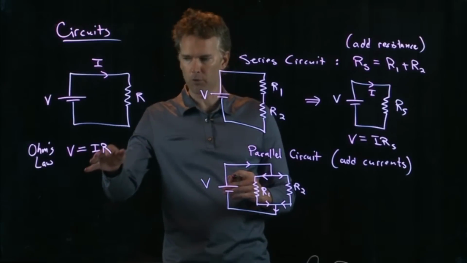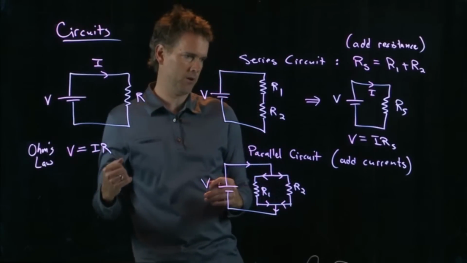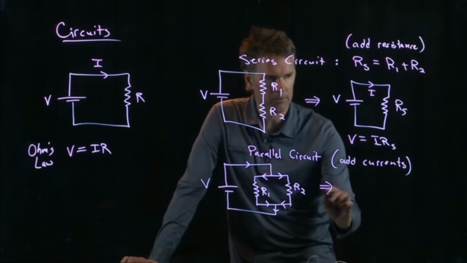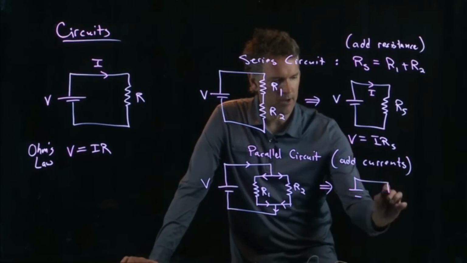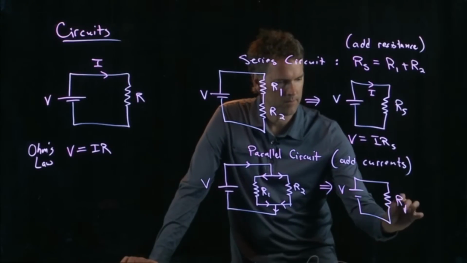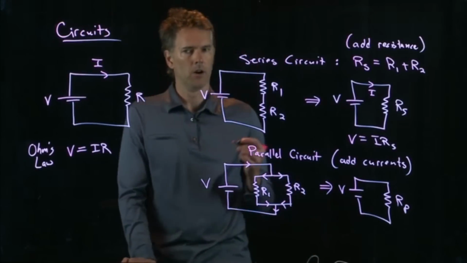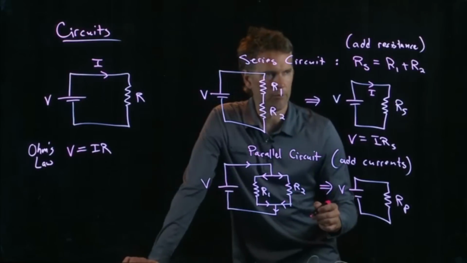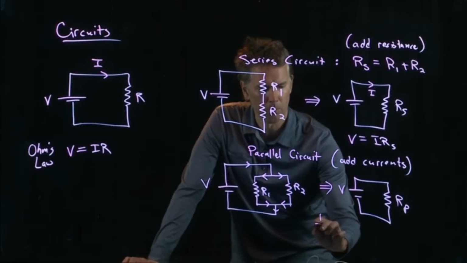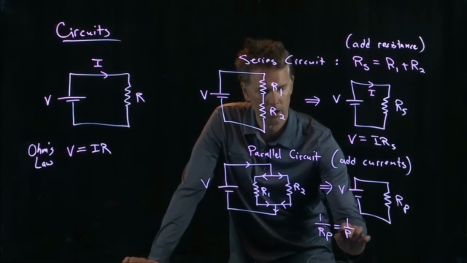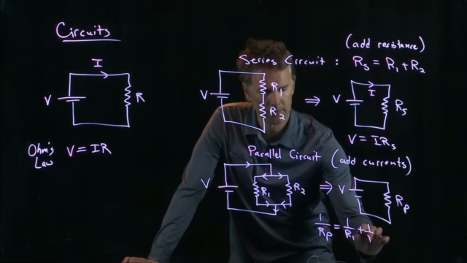V equals IR, so current equals V over R. And when I do that, I can rewrite this as the following. We call it R sub P, resistors in parallel. And the rule for resistors in parallel is 1 over Rp equals 1 over R1 plus 1 over R2.